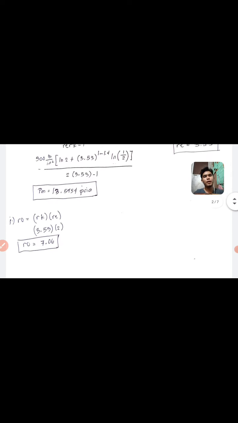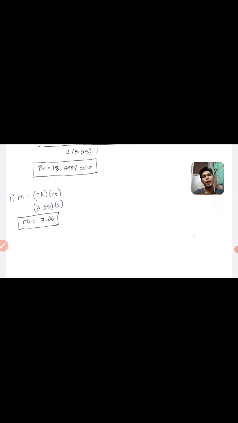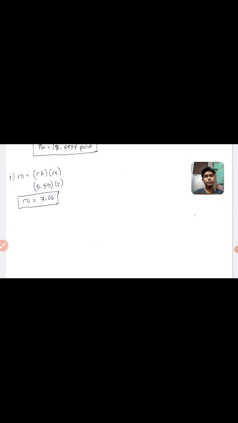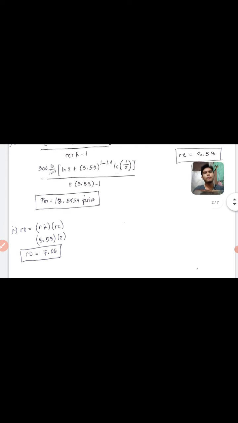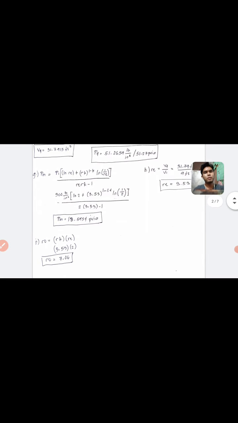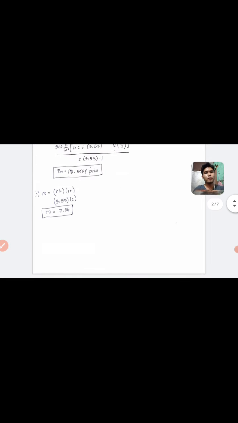And lastly, for question number 1, we are going to find the overall ratio. The formula for overall ratio is RK multiplied by the ratio of expansion. So 3.53 multiplied by 2, our RO is equal to 7.06. So we already solved all the problems in question number 1.